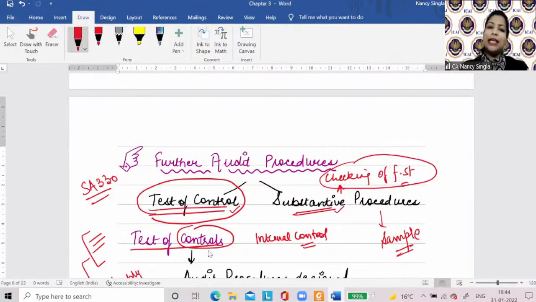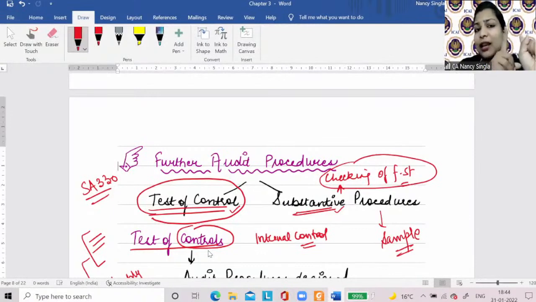So I can say that if only substantive procedures won't give me sufficient appropriate audit evidence, then based on the materiality concept, based on the assessment of risk with respect to particular assertions, I as an auditor may perform the test of control. Why? Because in those areas, I will have to rely on the internal controls.